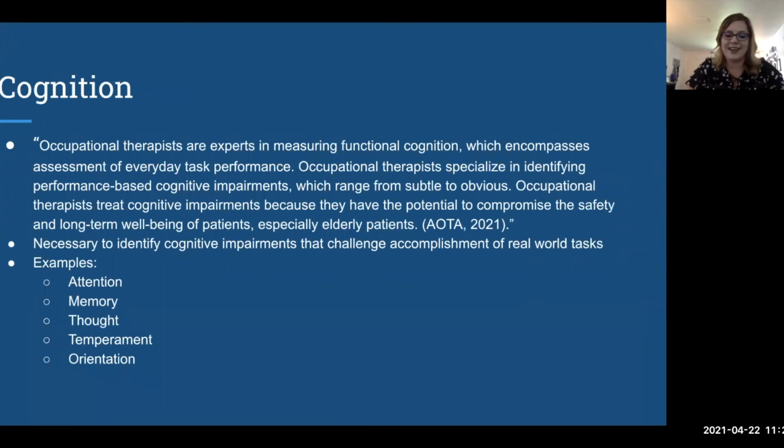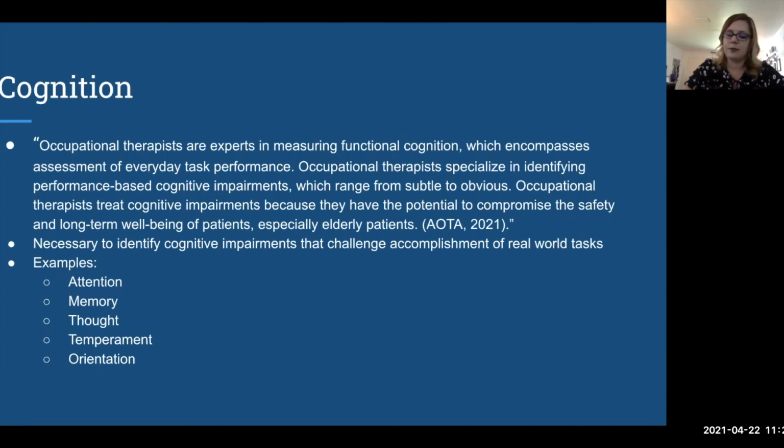So OTs are often confused with speech therapists when it comes to cognition. While speech therapists play an imperative role in the cognitively impaired patient, OTs recognize the role that cognition plays in functional activity completion. So we'll assess everyday task performance and identify what performance-based impairments are affecting completion of their activity.